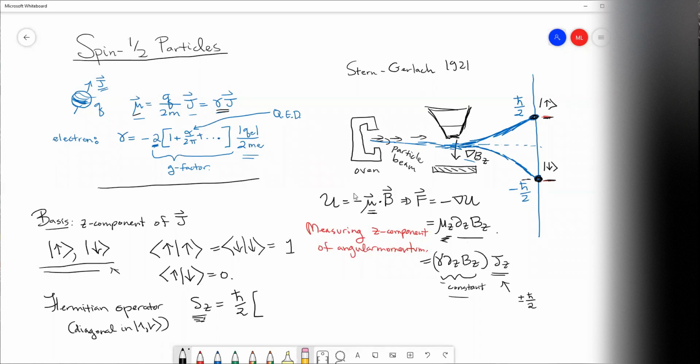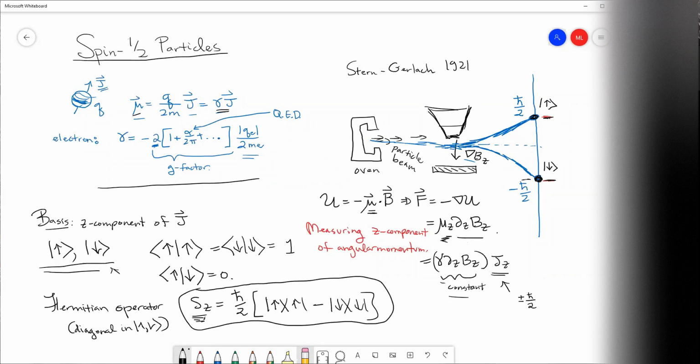And so we must get plus h bar over 2 if it's spin up. So you have a diagonal element there, and then you get a minus h bar over 2 for spin down. So this is the associated Hermitian operator for measuring the spin along that direction.